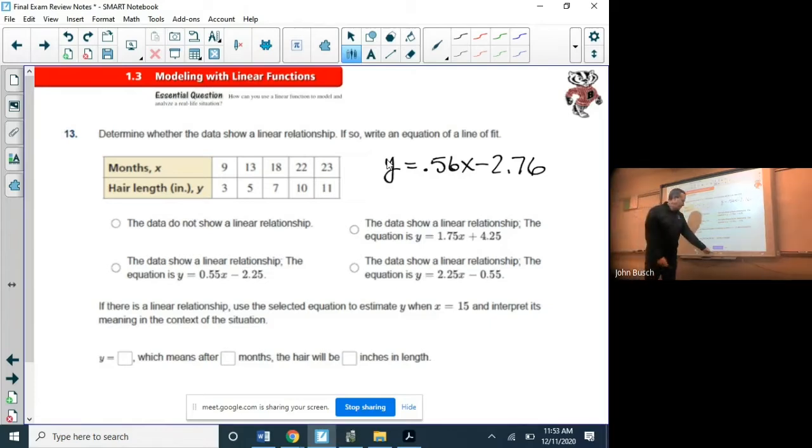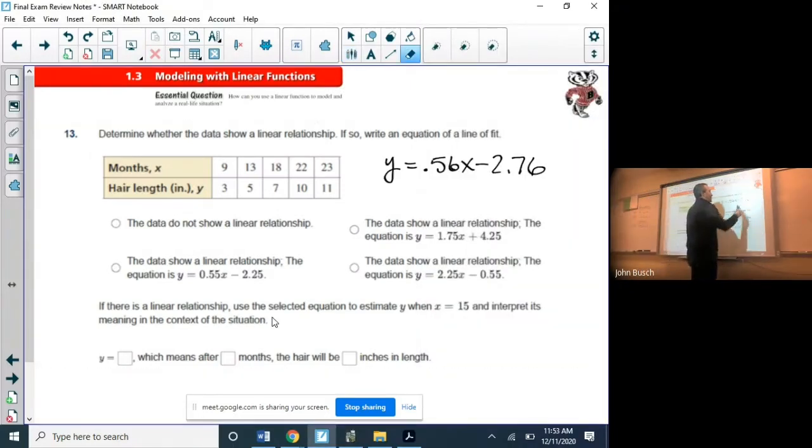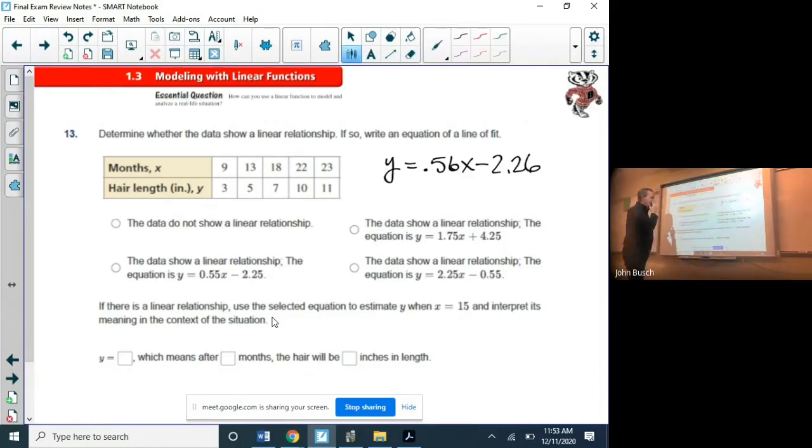Okay, that changes things. 2.6. It looks like this is the closest one, so we choose that one. All right, it doesn't look like they rounded correctly, but oh well.